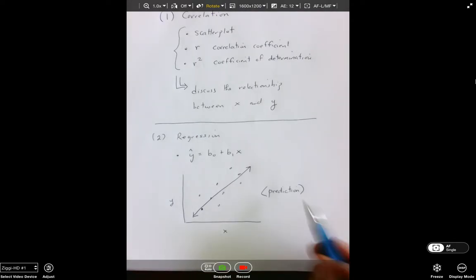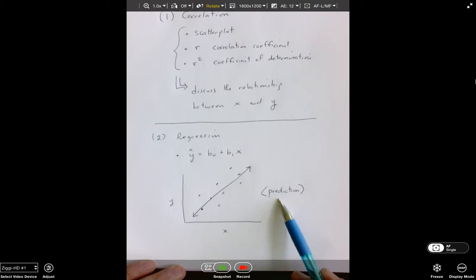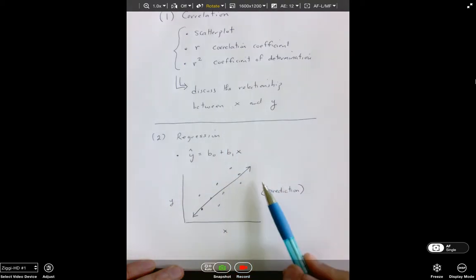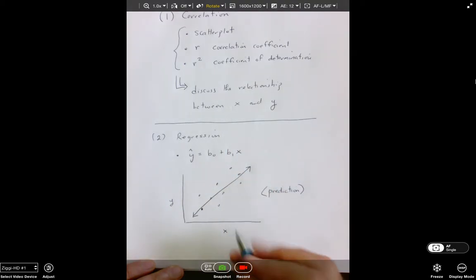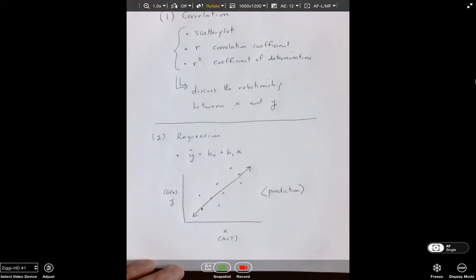So this regression equation that we find, which can be used for prediction, actually does two things for us. It helps us better explain the relationship between X and Y, and it can also be used for prediction. For example, let's say that X turned out to be the ACT of a student, and Y turned out to be their first semester GPA. And let's say we're focusing just on Shawnee State University students.